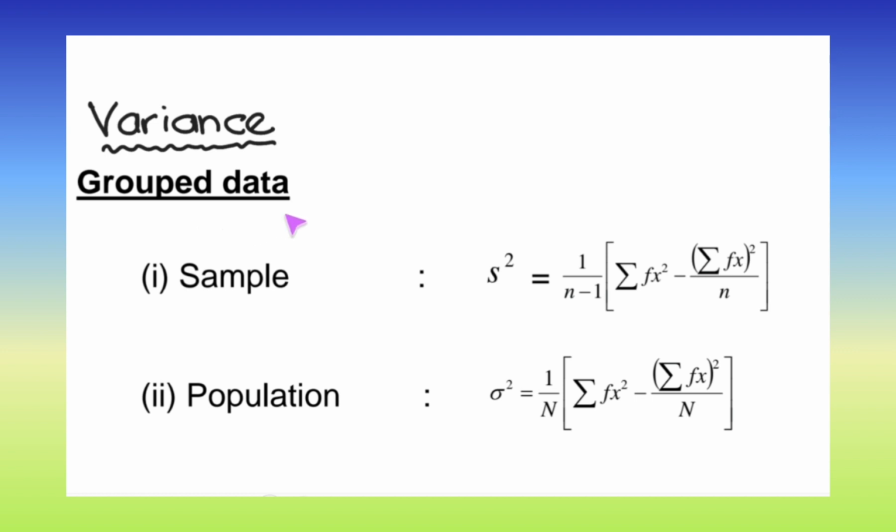For grouped data, the formula to find variance for a sample is s square is equal to 1 over n minus 1 times, in a bracket, summation of f x square minus, in bracket, summation fx square over n. And for a population, sigma square is equal to 1 over n times, in a big bracket, summation of fx square minus summation of fx square over n.